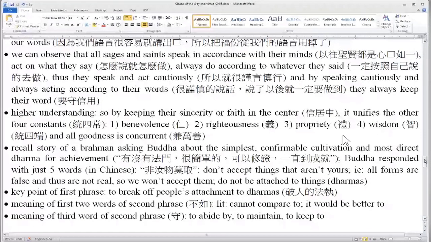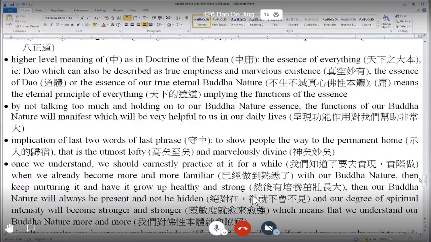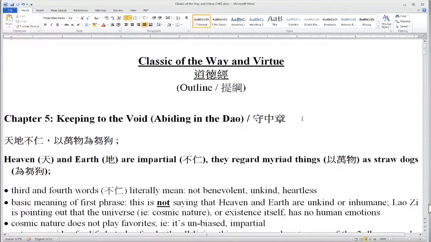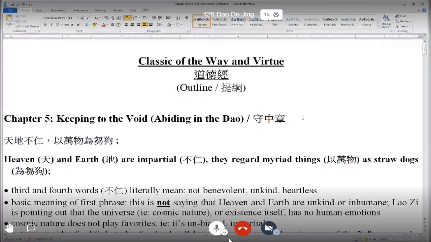I tried to cut down chapter 5 as much as I can, but there's still a lot to say. Chapter 5 is not a long chapter, it's only 5 lines. Chapter 6 is shorter, I think 4 lines or something like that. Sorry, chapter 5 was 5 sentences, but it doesn't matter.